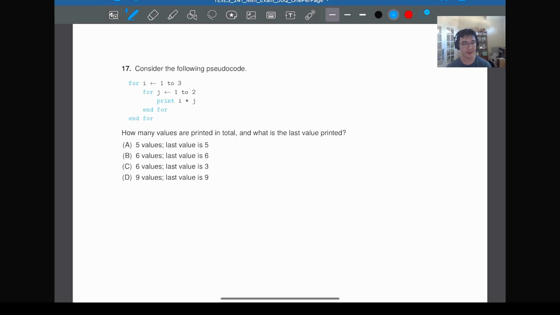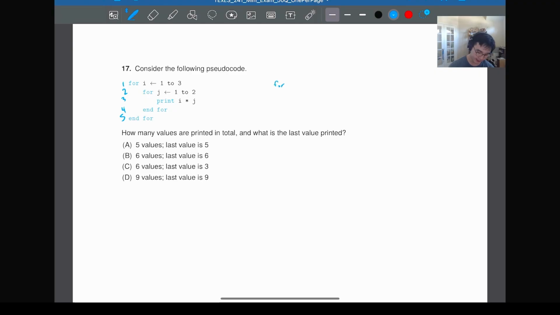All right, question 17. So here we have two for loops, one inside the other, and we have this interesting notation that you might come across at times. So just to help ourselves, let's go ahead and rewrite this into a more familiar pattern. So for I is 1, 2, 3.